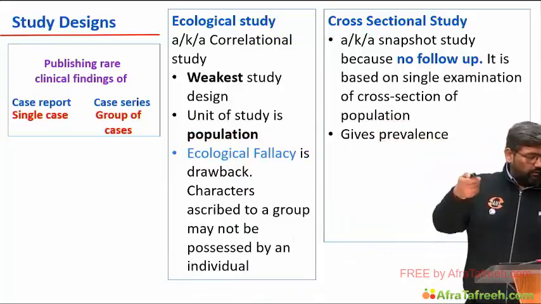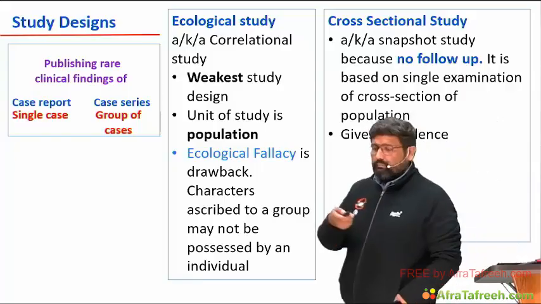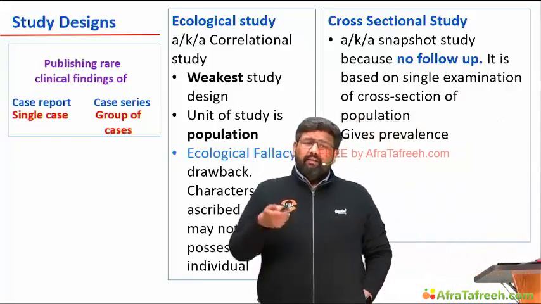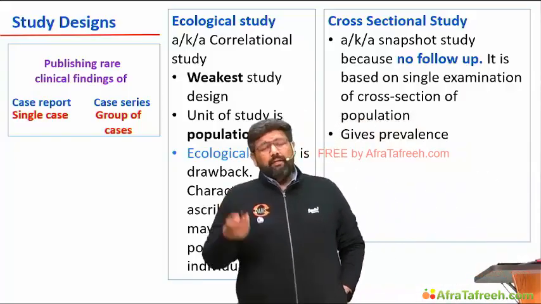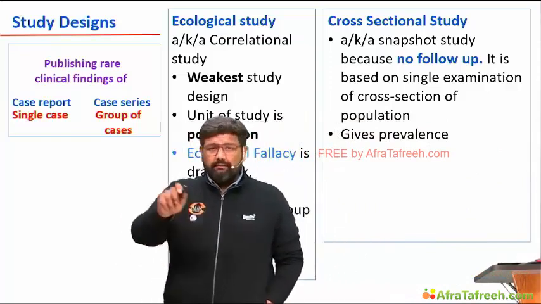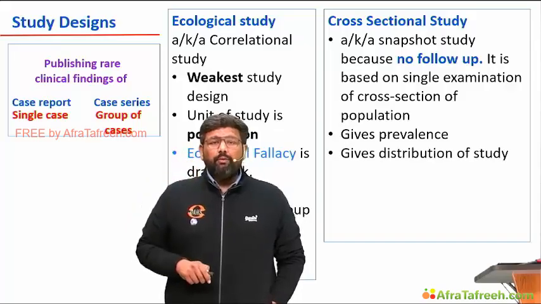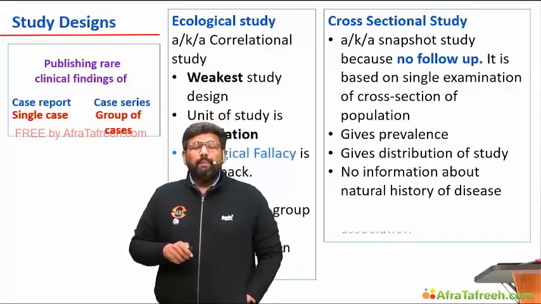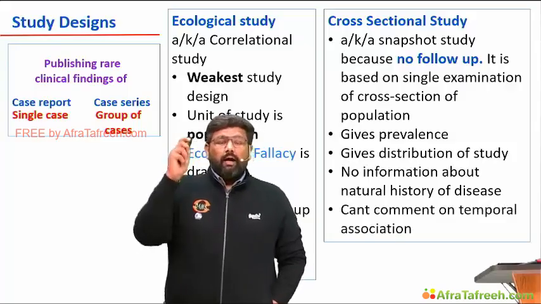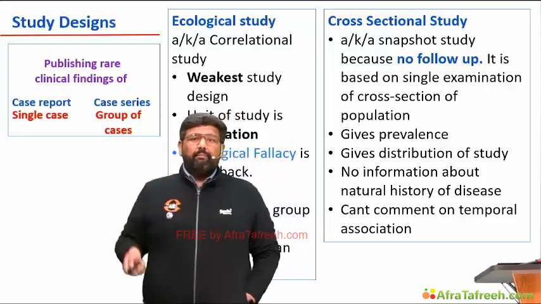I took their history of risk factors, whether their diet is poor, or if the females are there, heavy menstrual blood loss. So prevalence, you gave me; I am giving you the risk factors.